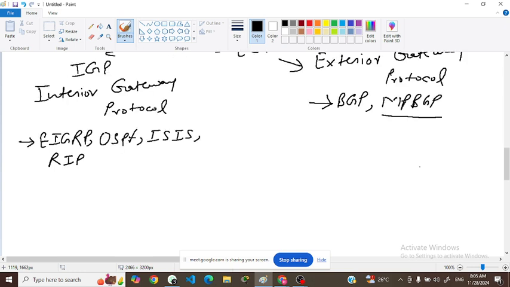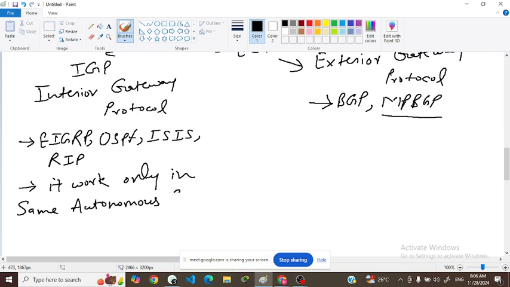So an interior gateway protocol works only in the same autonomous system, and an exterior gateway protocol can connect to different autonomous systems.